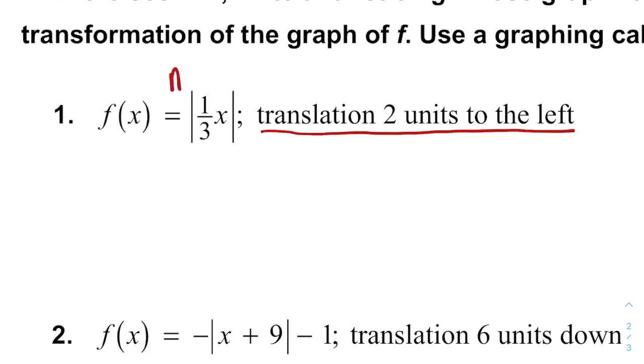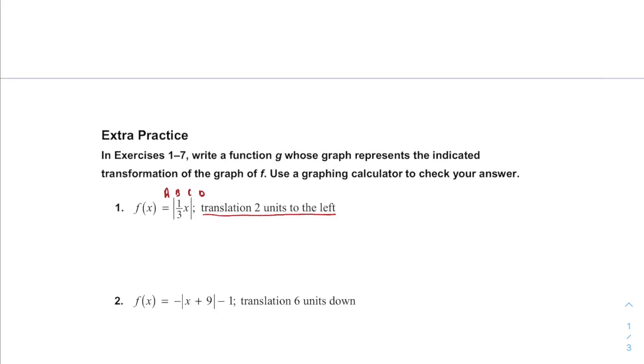Remember that you have A on the outside. This is B, the 1/3 is B. You have a C that would be on the inside, but there is no C. And then you have a D that's on the outside. So what letter is that? Well, then you have to know translation 2 units left.